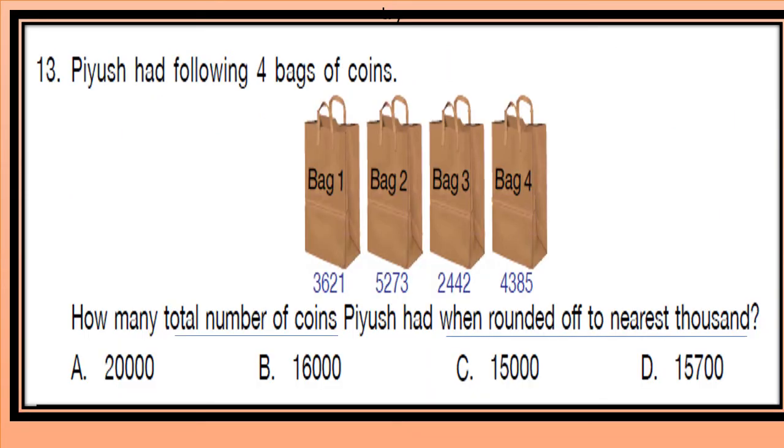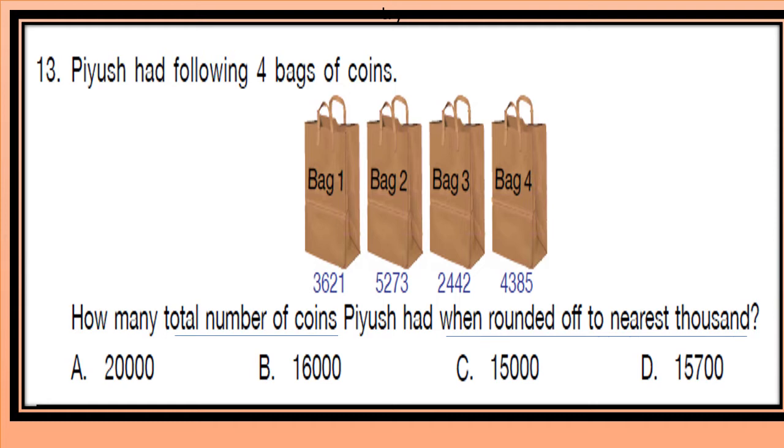Question number 13. Piyush had following 4 bags of coins. Now bag 1 has 3621, bag 2 5273 coins, bag 3 2442, bag 4 4385.